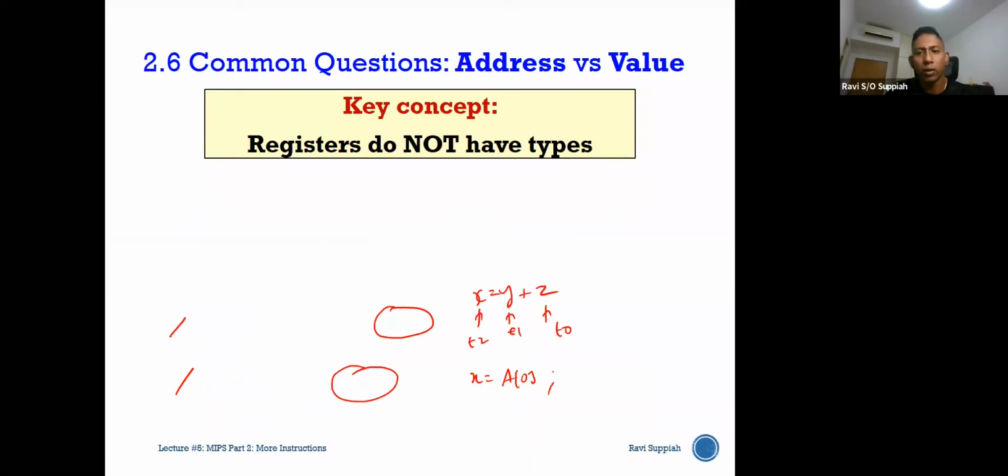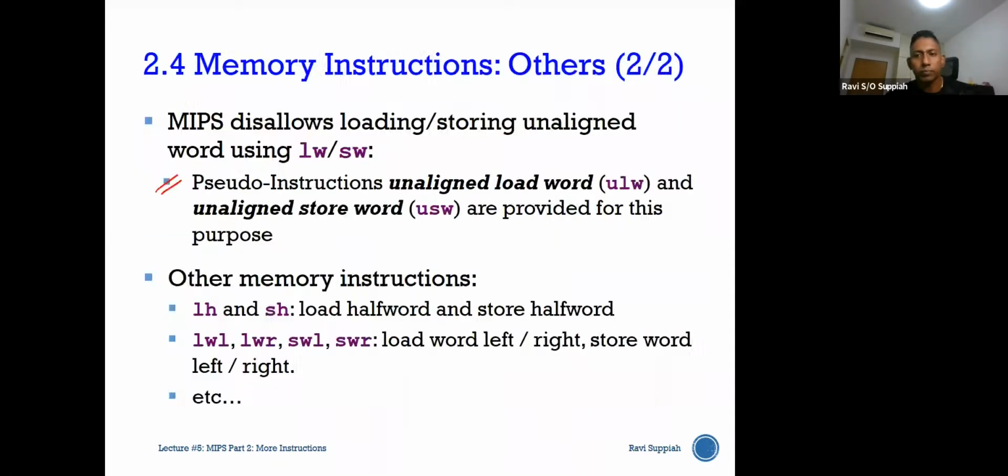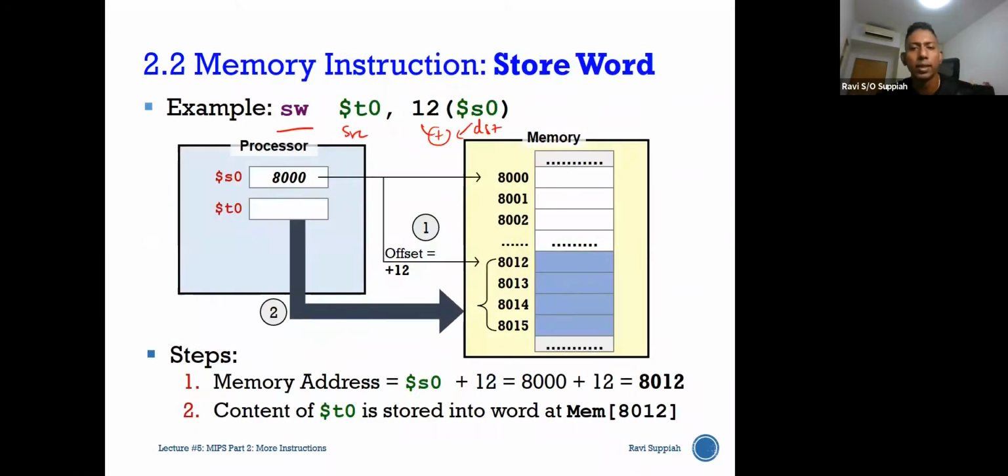So if I go back here and look at this example, you can see that when I added S0 to 12, S0 had a value of 8,000 and I added 12, it gave 8,012. I did not take that as an answer to use.